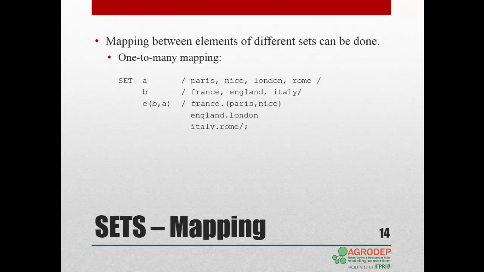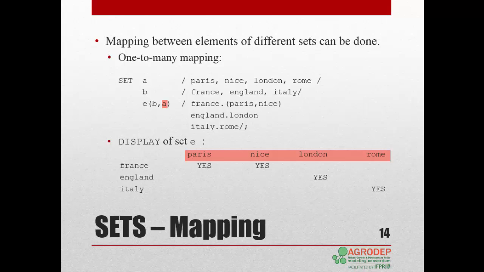In this case, the second term of the match, the two cities, Paris and Nice, are in parentheses and separated by a comma. France is linked to them by a dot, as before. When we display set E, we obtain a logical table with set A as columns and set B as rows. But now, the keyword yes signals that two columns are matched to the row France.